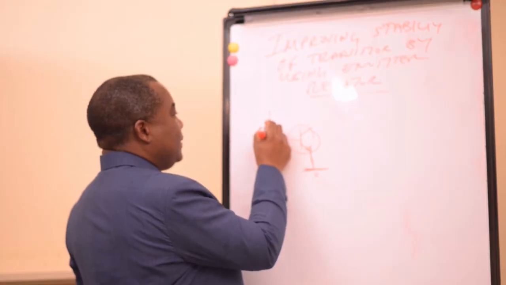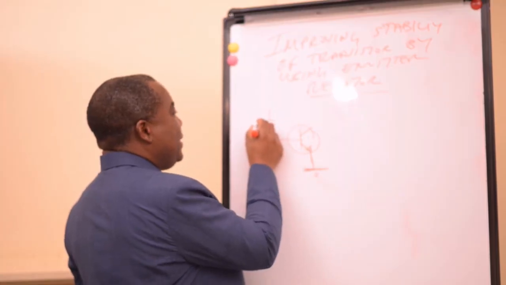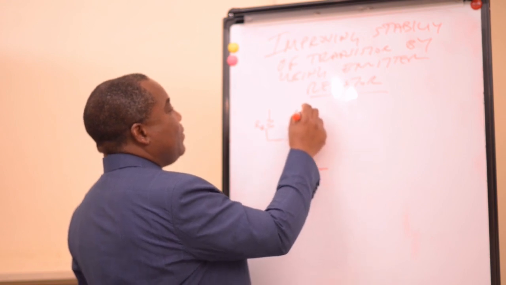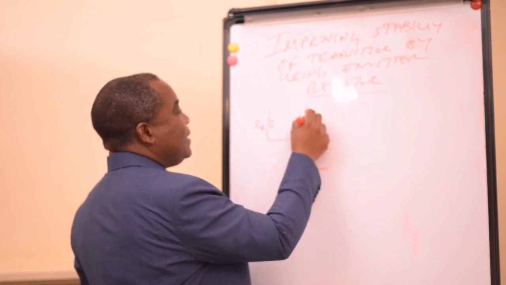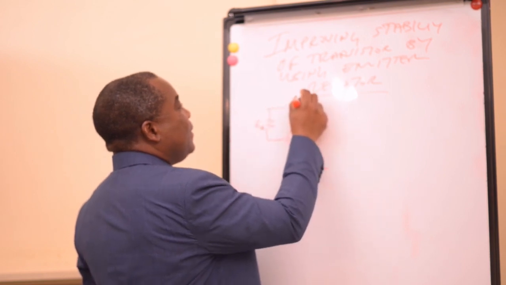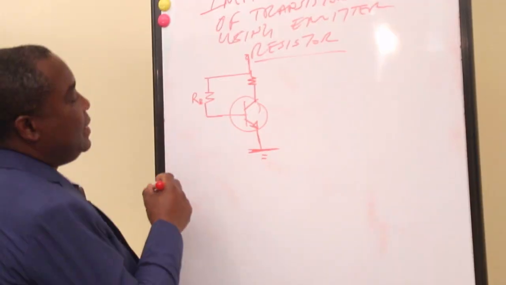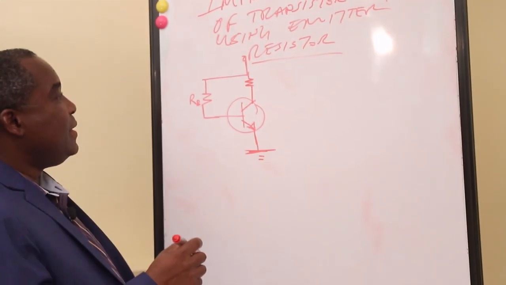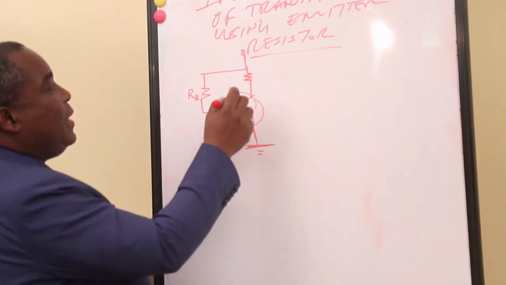We have our RB here, and also we have our RC here. This is a biasing circuit. It's a DC with RC.